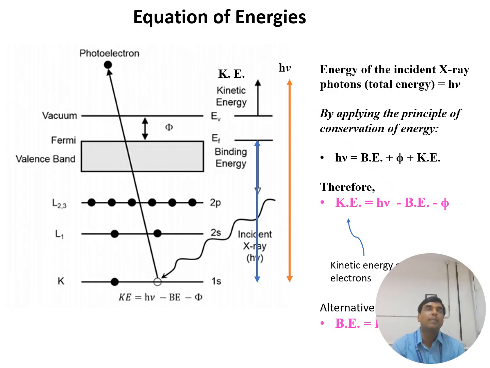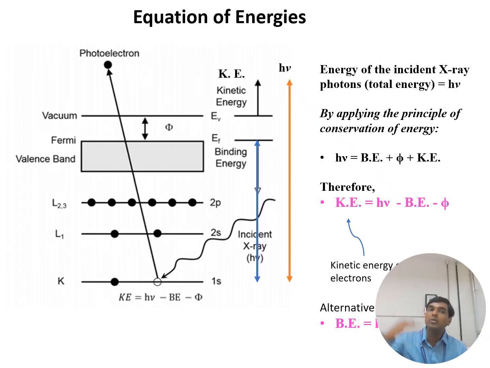This binding energy depends on the atomic number of the element. Because atomic number is basically the charge. The higher the atomic number, the more charge is involved. So a stronger, higher electronic configuration will have higher binding energy. So when an X-ray beam falls on the sample surface, it has to move the electrons from the inner core to that Fermi level, and that's called the binding energy.